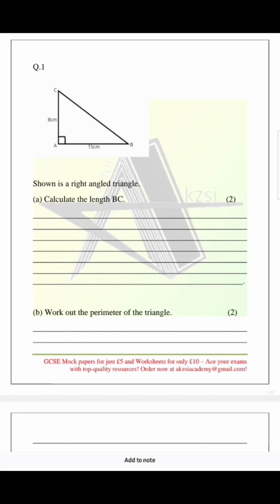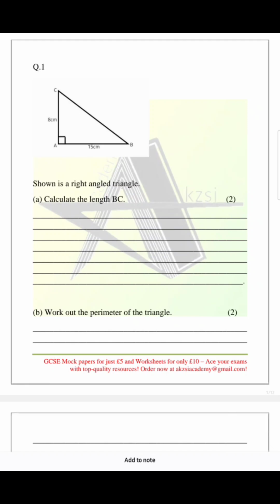Today we are tackling 10 carefully selected questions that will help you secure grade 9 in trigonometry, specifically focused on sine rule and cosine rule. If you are preparing for AQA or Edexcel GCSEs, this session is going to be super valuable, especially because we are covering some of the hardest and trickiest question types that are often misunderstood or skipped by students.